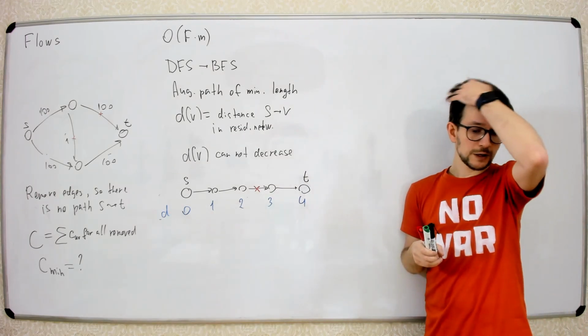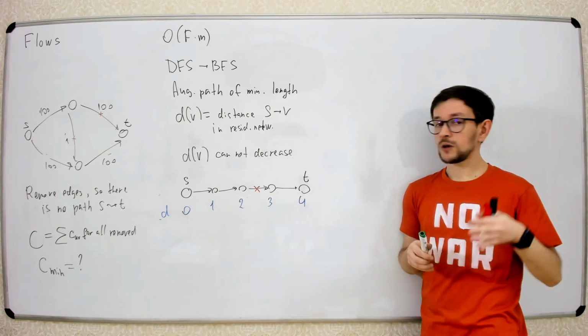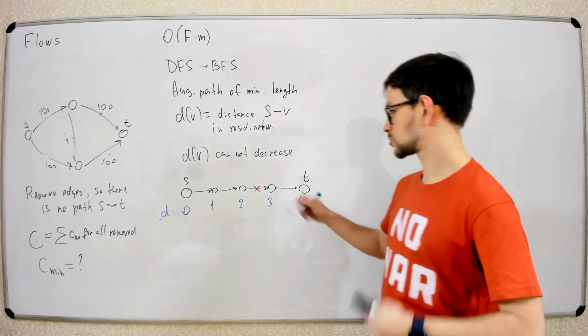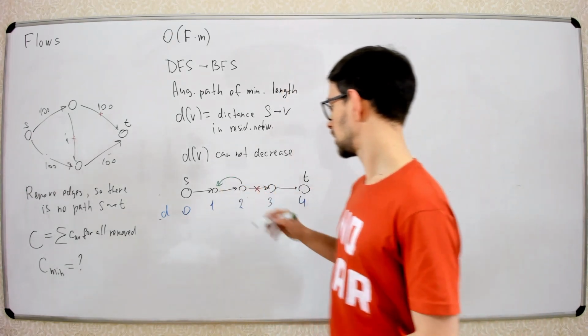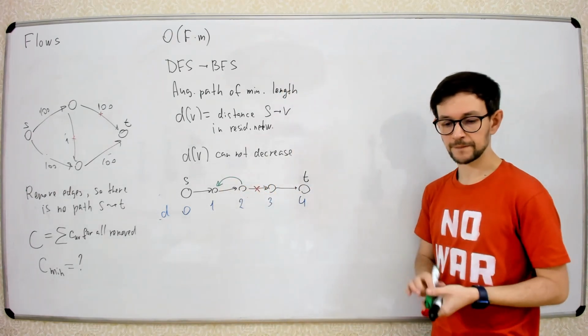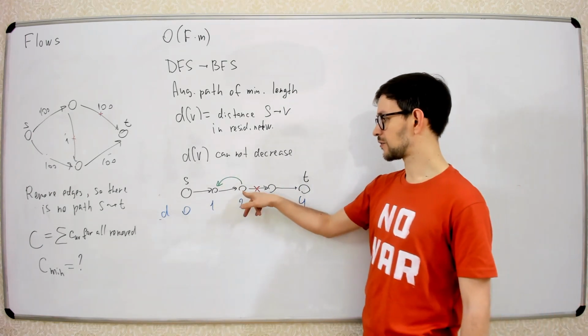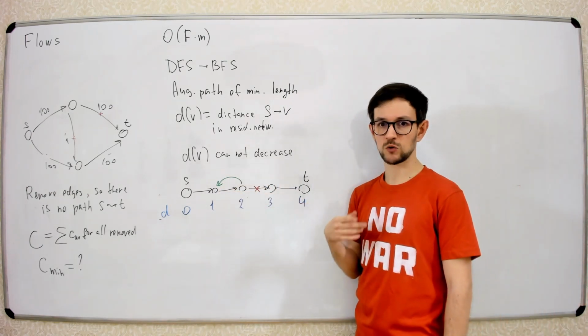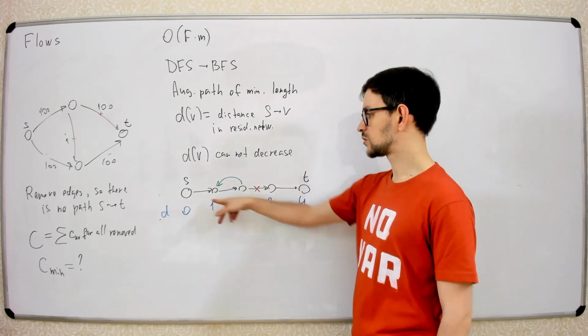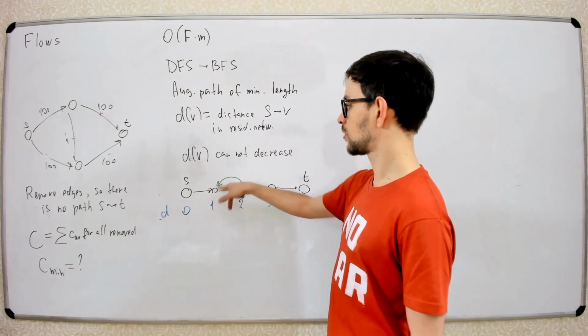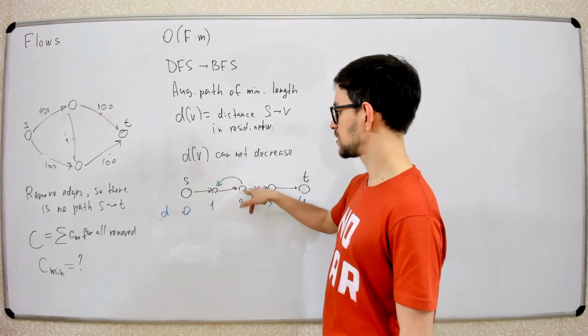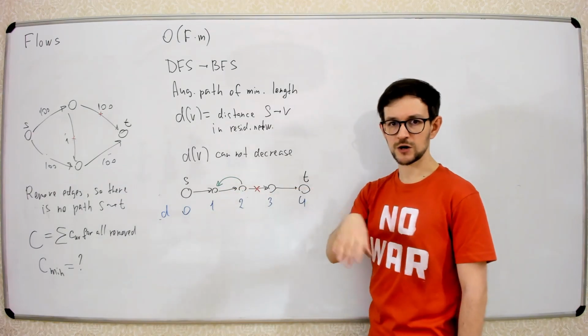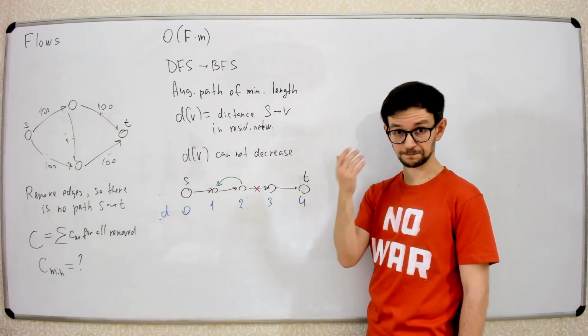And we will add some reversed edges. Some of these reversed edges will be added to the residual network. Because if this residual capacity was 0, when we increase the flow, we will decrease the flow on the reversed edge. So for this reversed edge, the residual capacity will become positive.